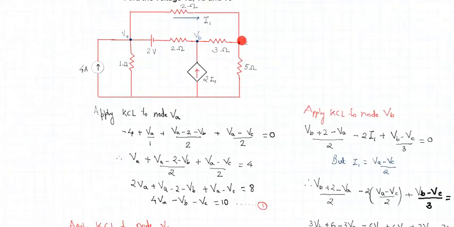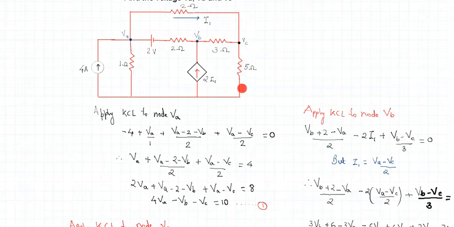Once again, identify all the branches which are possible with respect to node C. This is the first branch, this is the second branch and this is the third branch. These are the three branches we need to consider when I apply KCL at node C. Let us start with the first branch. As usual we assume that all the currents are outgoing currents. The current flowing in this direction will be VC minus VB by 3.